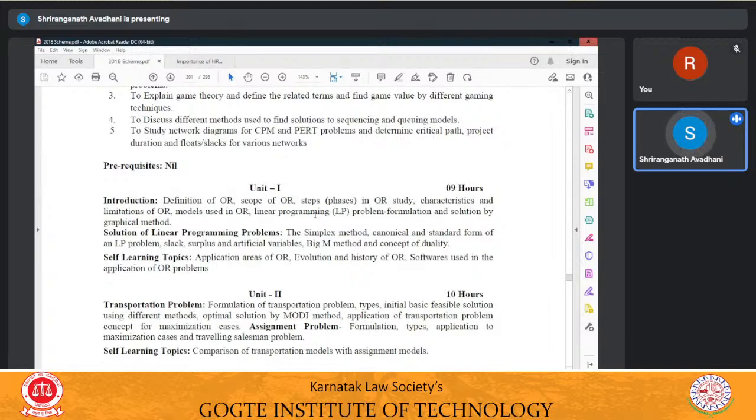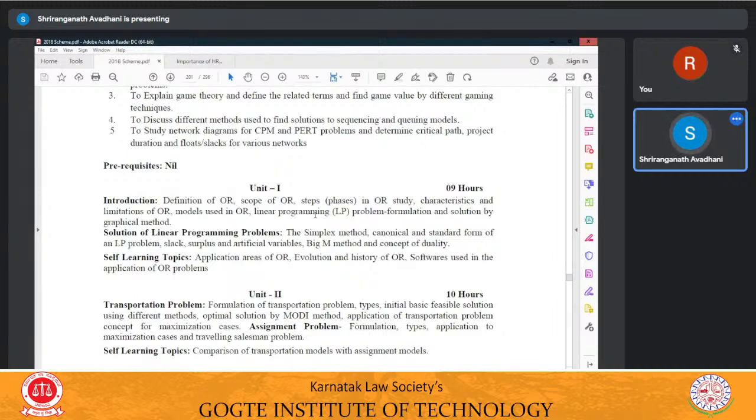You will be formulating the problem by using linear programming methods, and then you'll be finding the solution by using the graphical method, then the simplex method, then the big M method. Again, as I said, it is a purely analytical unit. As far as the question paper is concerned, there will be 2 questions per unit, and in both the questions you can expect numericals based on this particular unit.